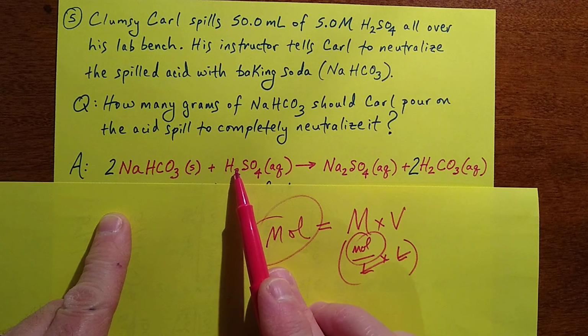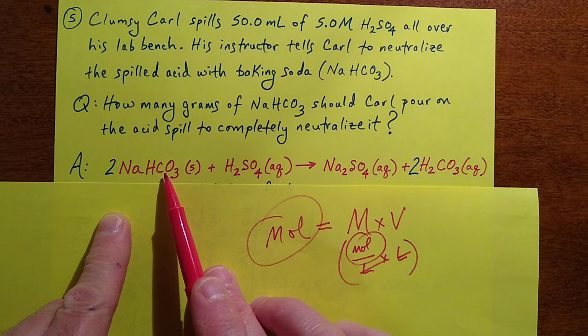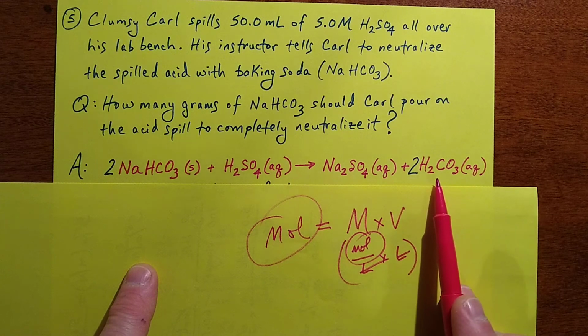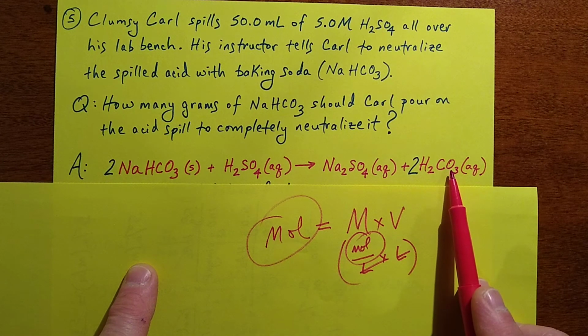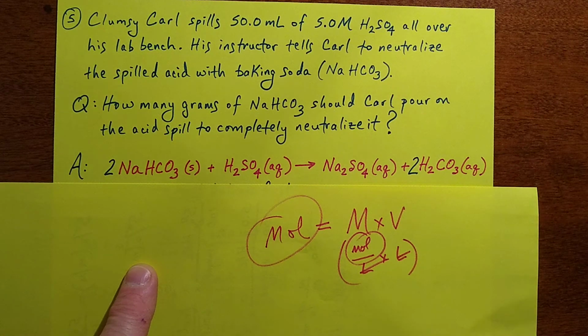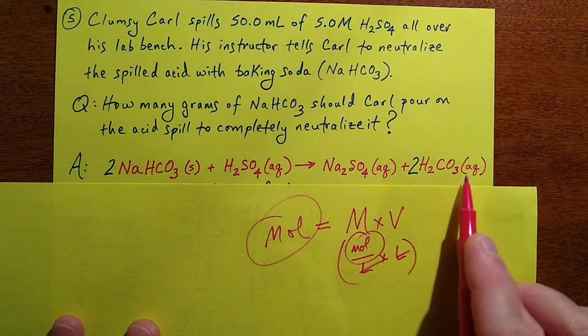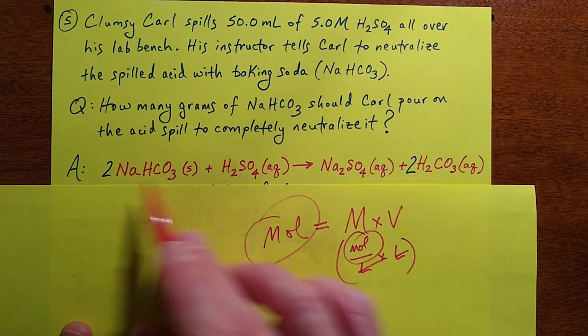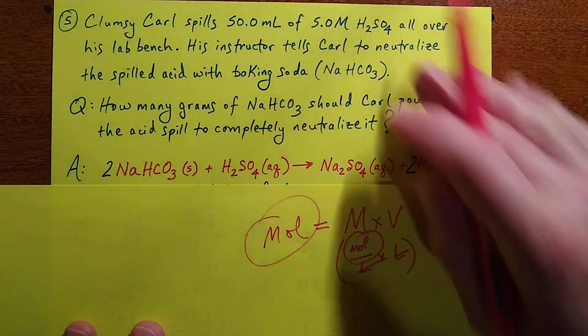Hydrogen ions from the acid combine with HCO3 to make H2CO3, which actually would decompose into water and CO2. You would see CO2 bubbles coming out of this reaction. We don't have to worry about that right now. All we have to worry about is balancing it. So you'd have a 2 here, a 1 here, a 1 here, and a 2 here.